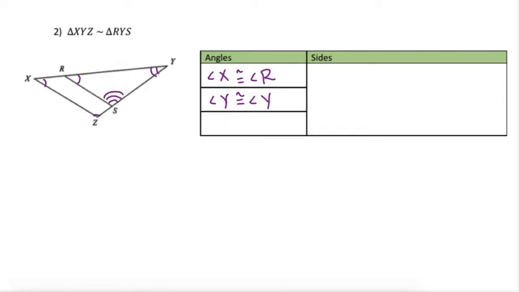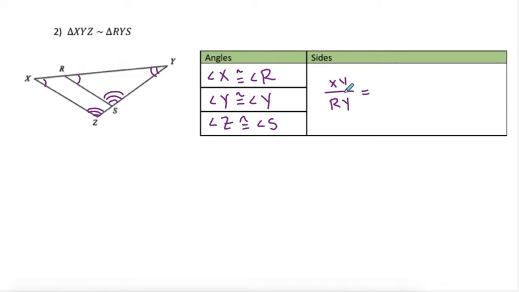So again, we can use the picture, but I find it easier to match up when they give me a similarity statement. XYZ, RYS. I kept the order the same. So then when I'm looking at the sides, I have XY goes with, so if this is XY, it goes with RY.